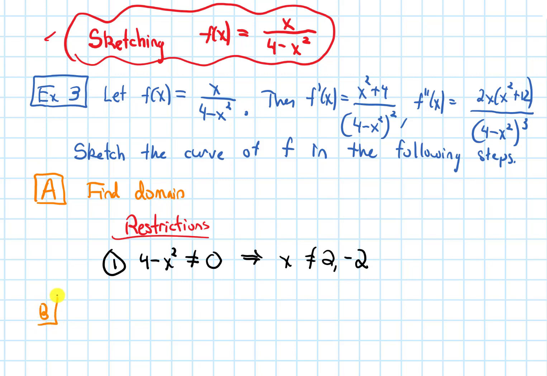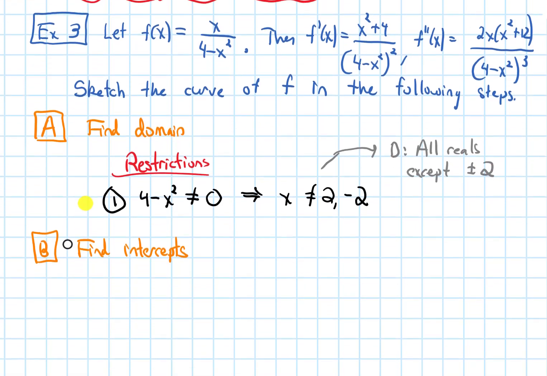Step B is to find the intercepts. Maybe up here I should say domain. Domain is all reals except plus or minus 2. All right, let's talk about finding the intercepts.